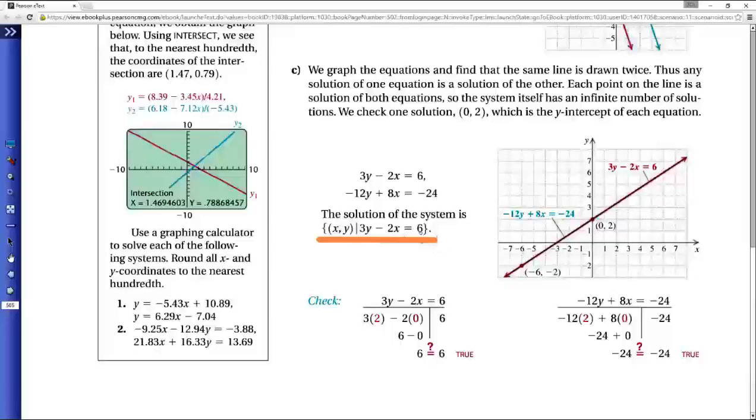Now I could have also said it is the set of ordered pairs x, y, such that I could use this equation too, because that has the same ordered pairs. Usually you try to take the easier or the more simplified one. This just has smaller numbers, I guess is why they choose that.